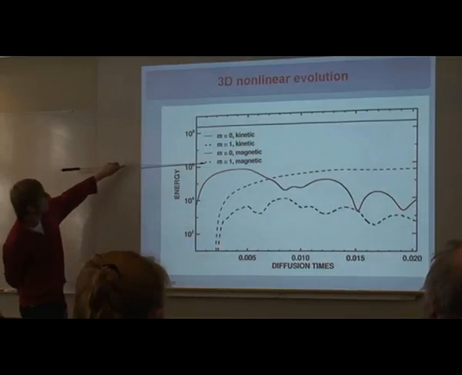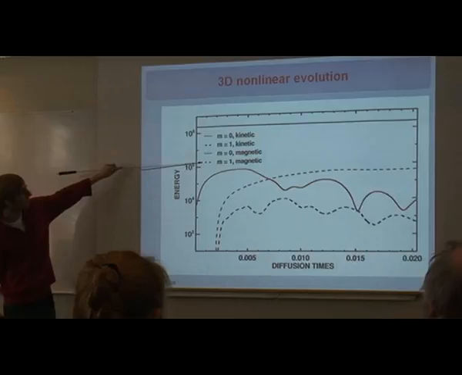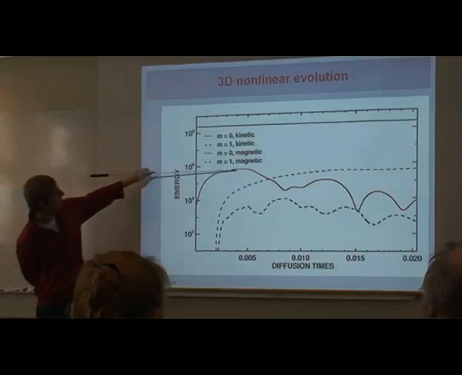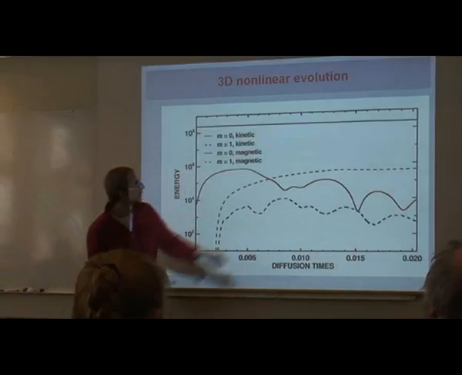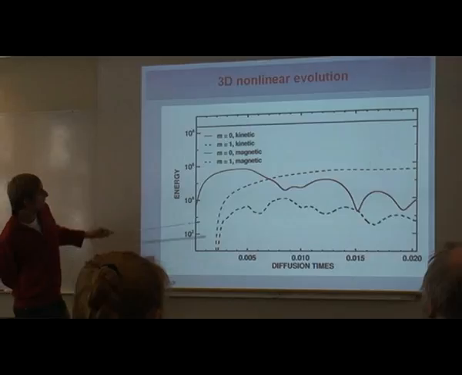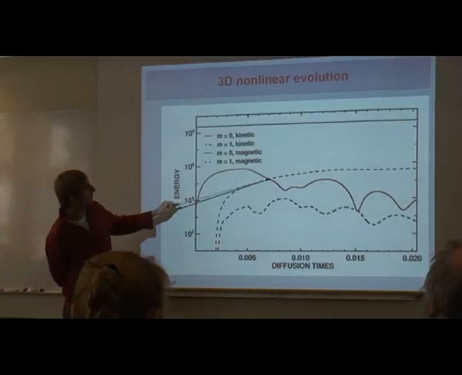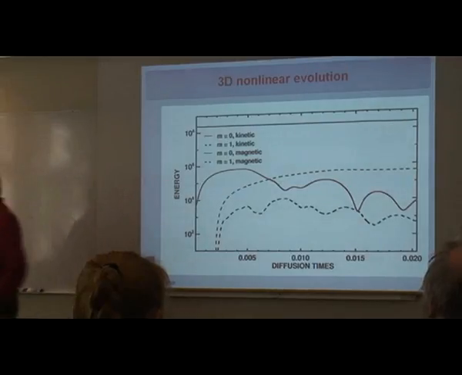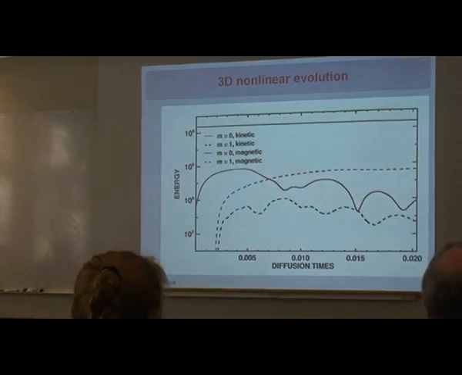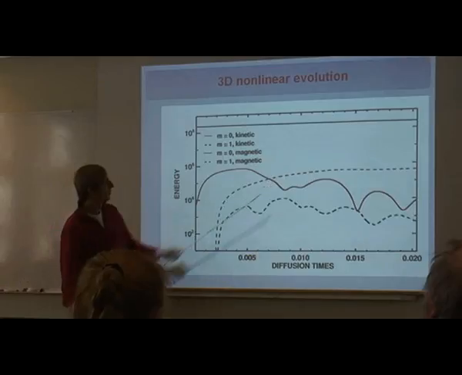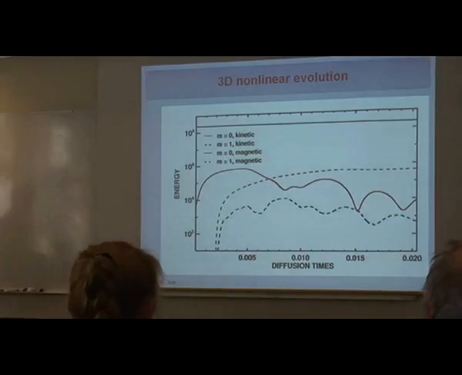The dashed lines are the m equal 1 contributions. This is the old curve of amplifying the magnetic field and then some decay. And here you see that the m equal 1 magnetic energy at some point dominates the regime. So this is what I would call the nonlinear evolution of the Taylor instability in 3D.